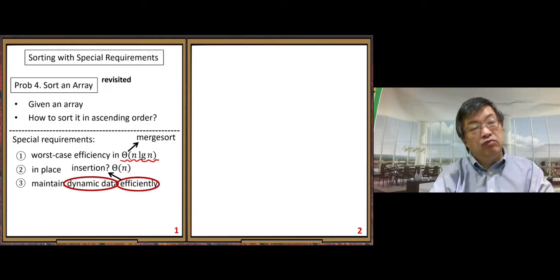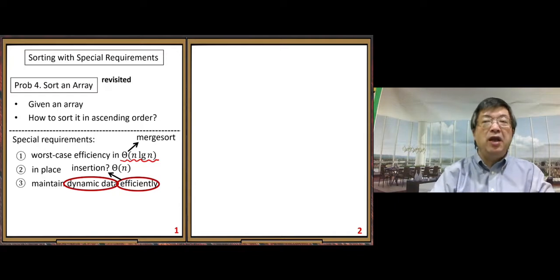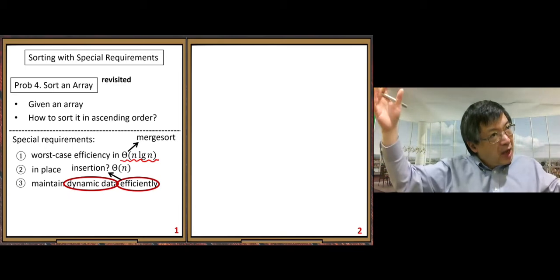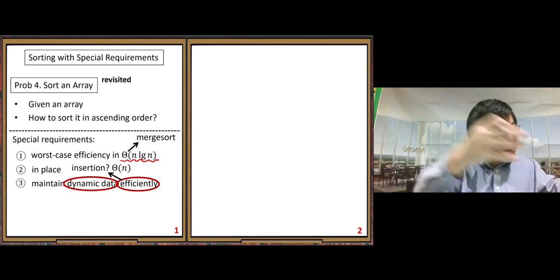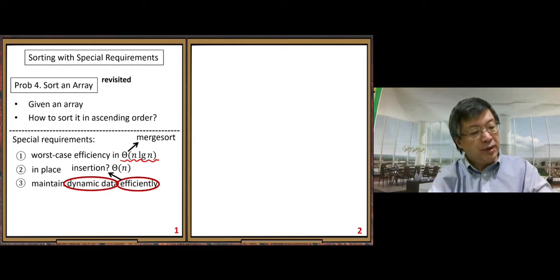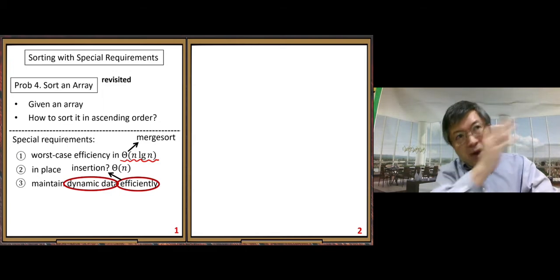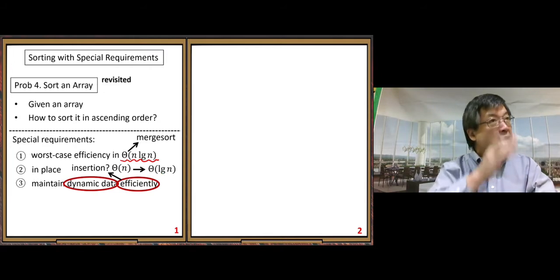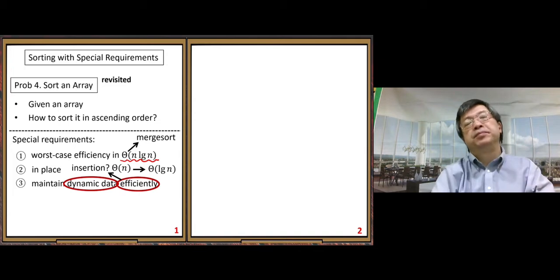So we are not satisfied with this efficiency. Too slow, especially when this n is a very large number. It takes a lot of time to get it inserted. It's not efficient. So we want better than that. We want significantly better than this one. So we want big theta of log n.